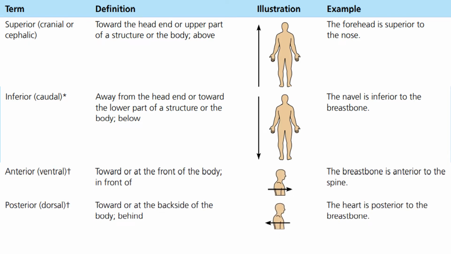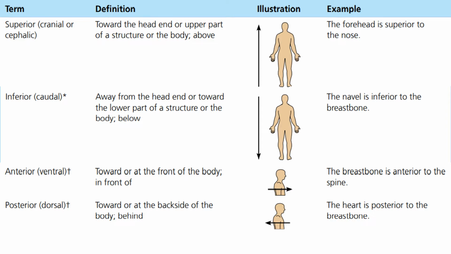Next is anterior or ventral. This means towards or at the front of the body, or in front of the body. So your breastbone is anterior to the spine, which means that the spine is at the back of the body and your breastbone is at the front of the spine.